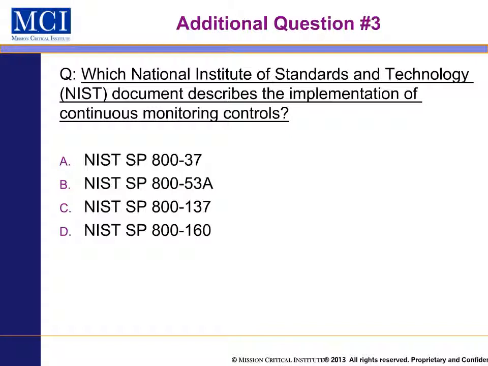Answer C is NIST Special Publication 800-137. Now this, if you know the title, is Information Security Continuous Monitoring for Federal Information Systems and Organizations. What does it do? It describes how to do continuous monitoring and defines information security continuous monitoring controls.